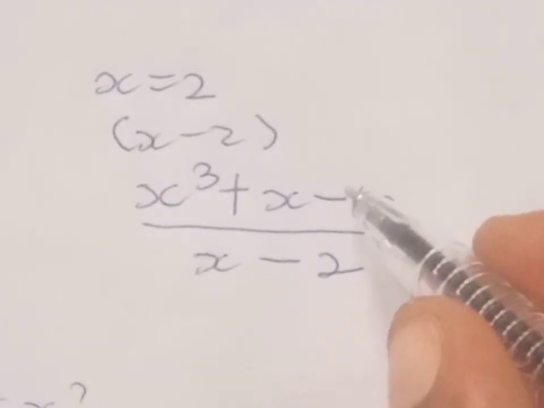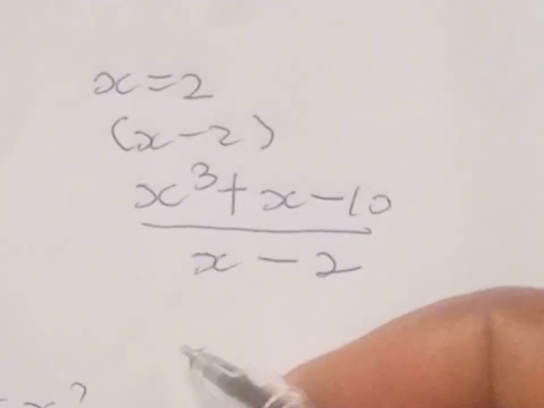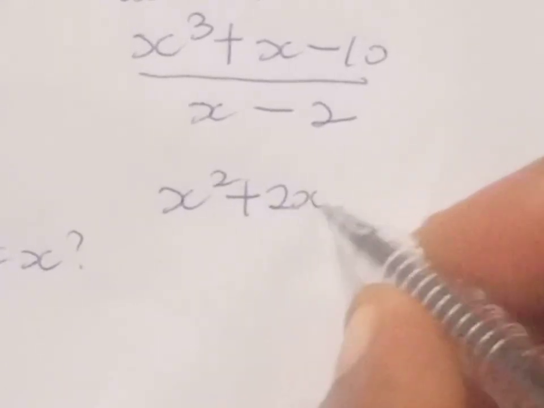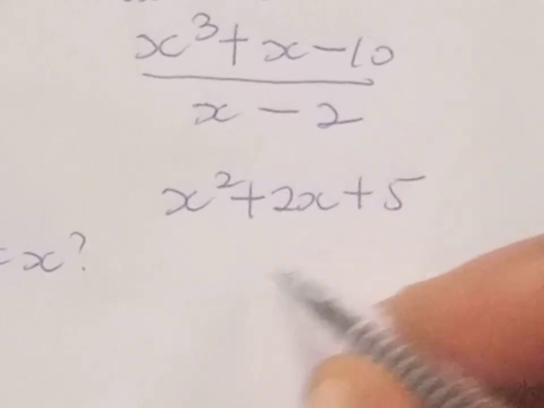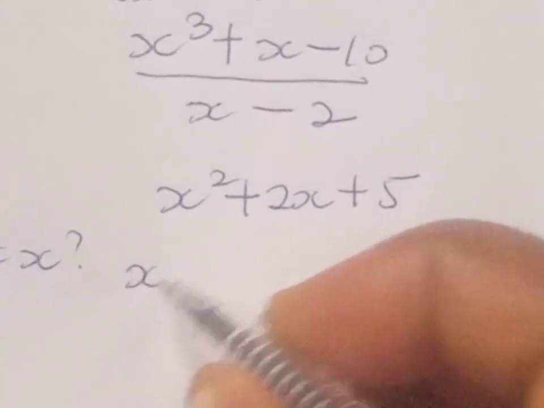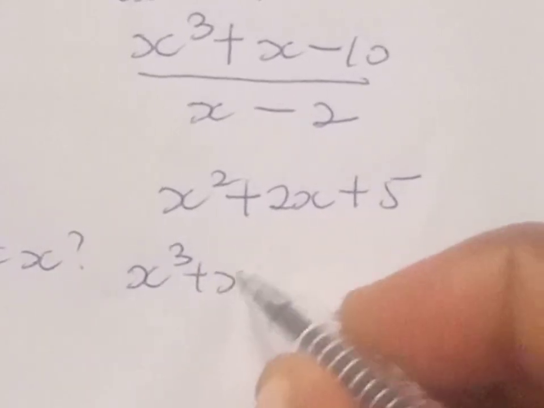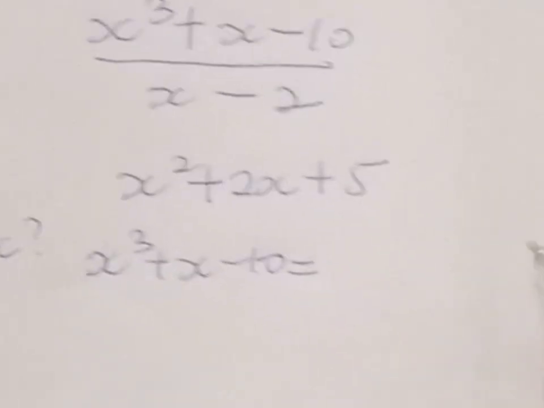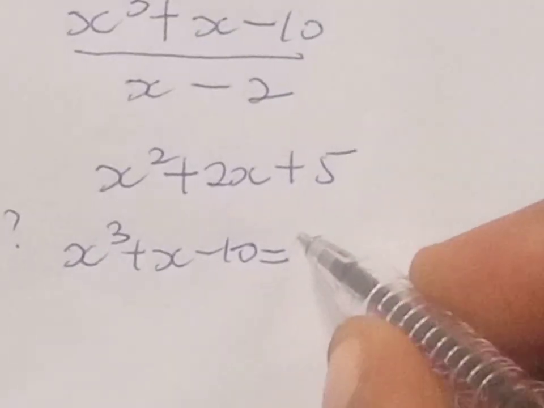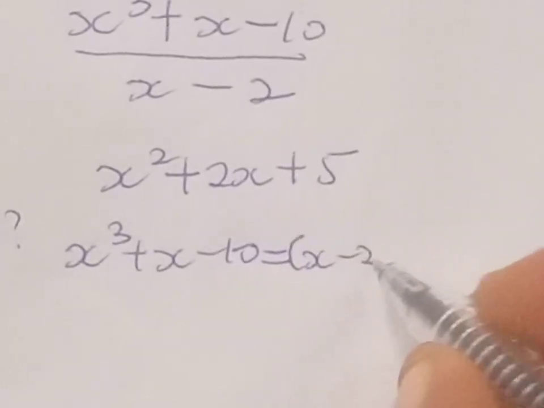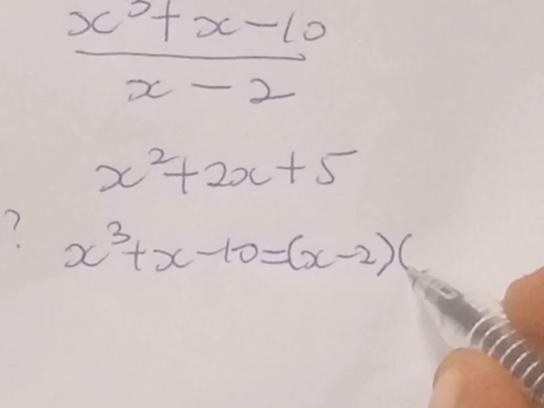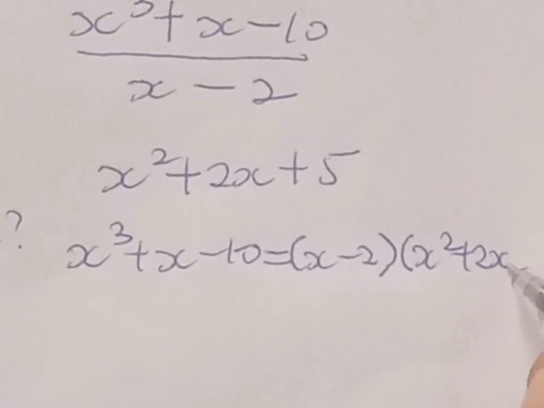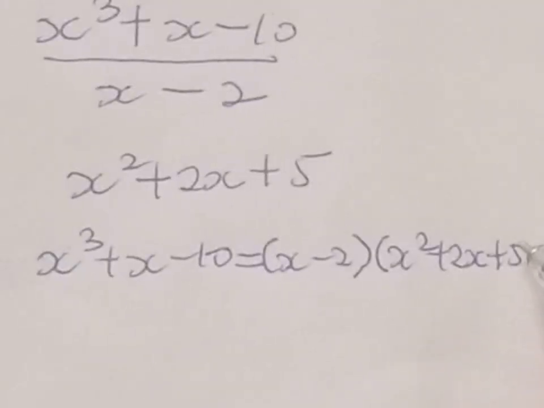Using synthetic division, our quotient is going to become x squared plus 2x plus 5. Therefore, x cubed plus x minus 10 equals x minus 2 times x squared plus 2x plus 5.